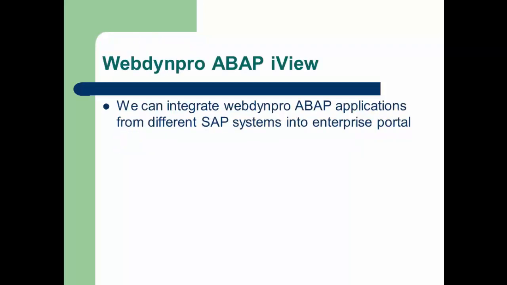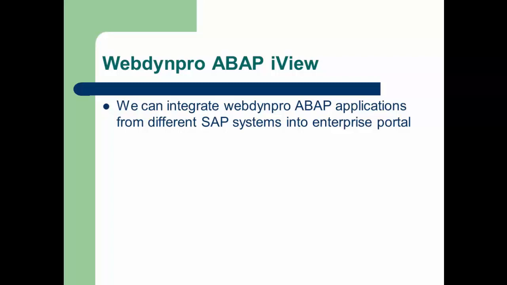Next topic is Web Dynpro ABAP iView. We can integrate the Web Dynpro ABAP application from different SAP systems into SAP Enterprise Portal. Like Web Dynpro ABAP, a developer develops a Web Dynpro ABAP application, but how can a user access that application? By using the SAP Enterprise Portal.